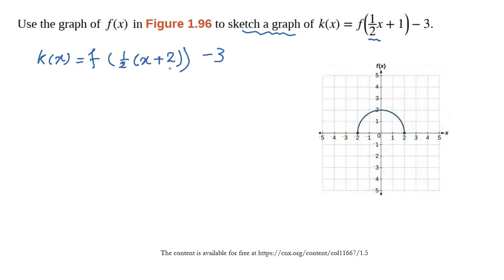So x plus 2 was multiplied by 1 over 2. In f of bx, we said when b is less than 1, it will be stretched, and the factor of stretch is 1 over b. So 1 over 1 over 2 is 2, so I need to multiply this by 2, and this is not changing.